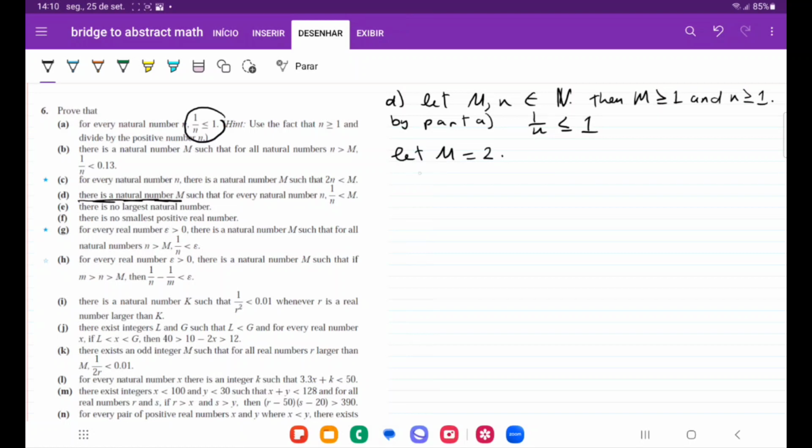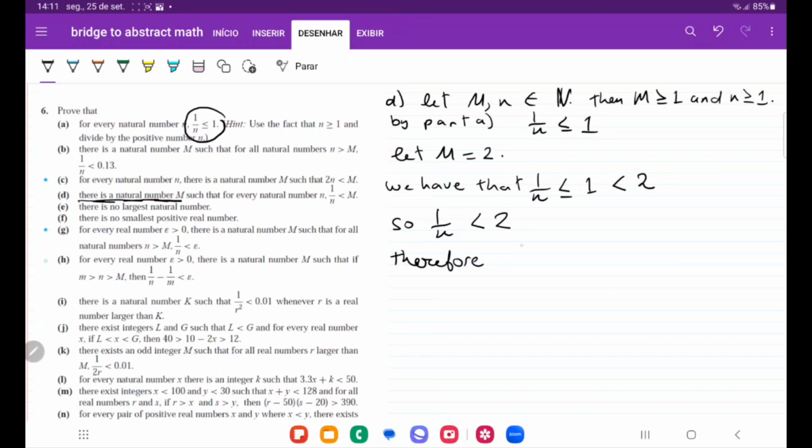So we have that 1 over n is less than or equal to 1, which is less than 2. So 1 over n is going to be less than 2. Therefore, 1 over n is less than m.